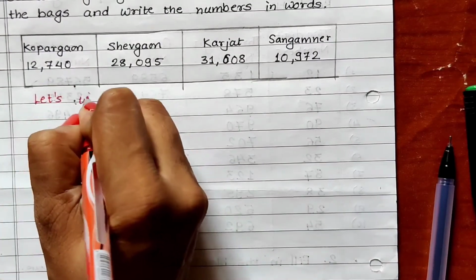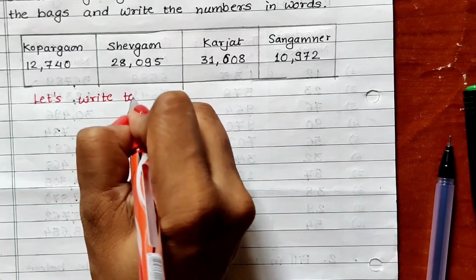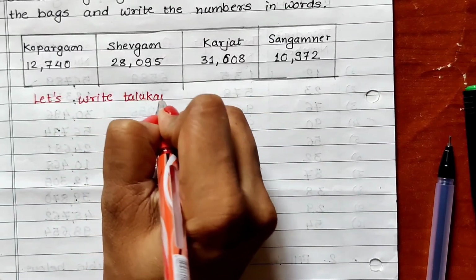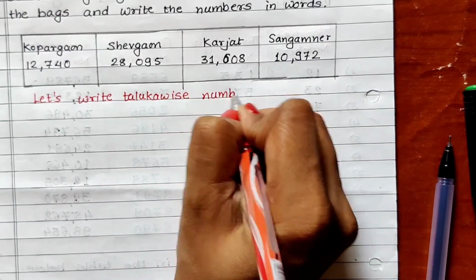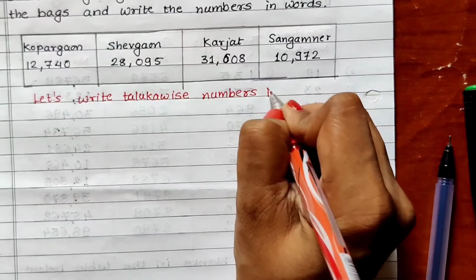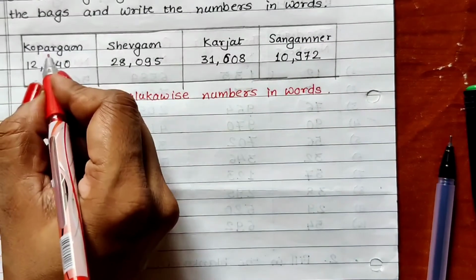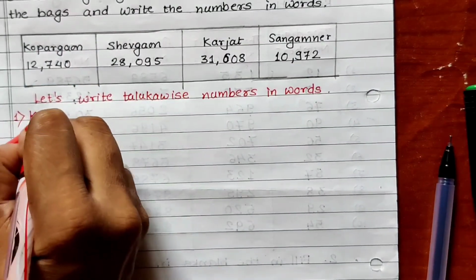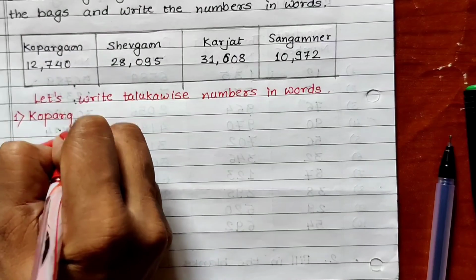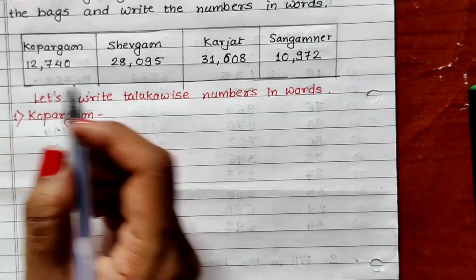Let us write the taluka wise numbers in words. Okay, so the first taluka is Kopargaon. We write Kopargaon. We have read the number, now write in words.